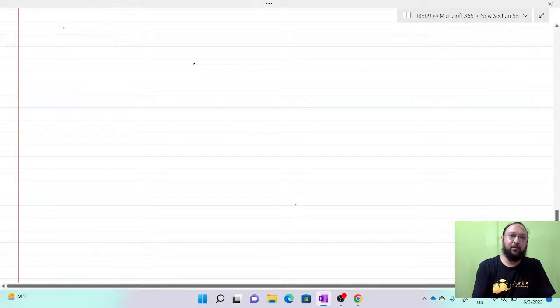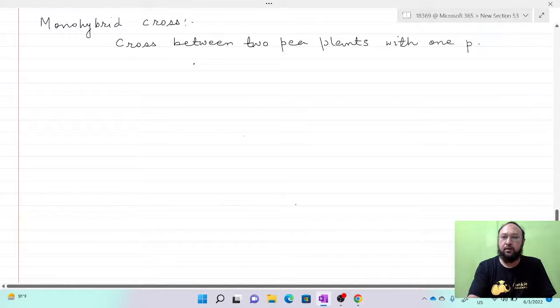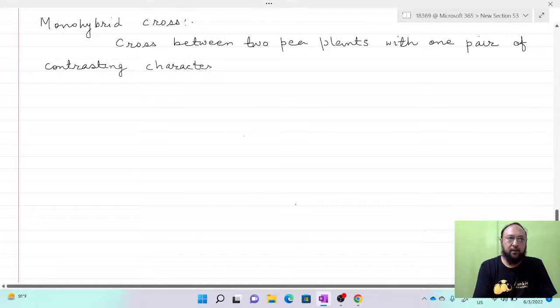So, monohybrid cross. It's a cross between two pea plants with one pair of contrasting characters, and that is called a monohybrid cross.